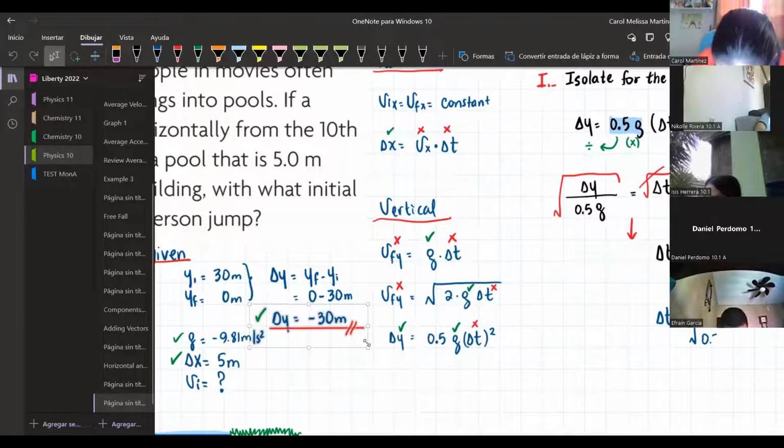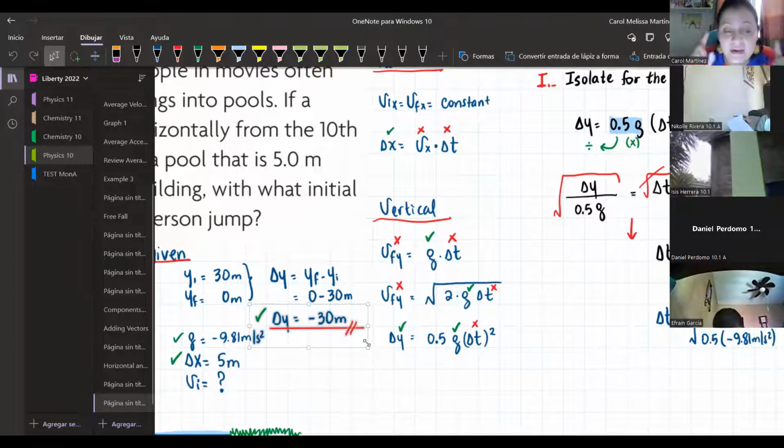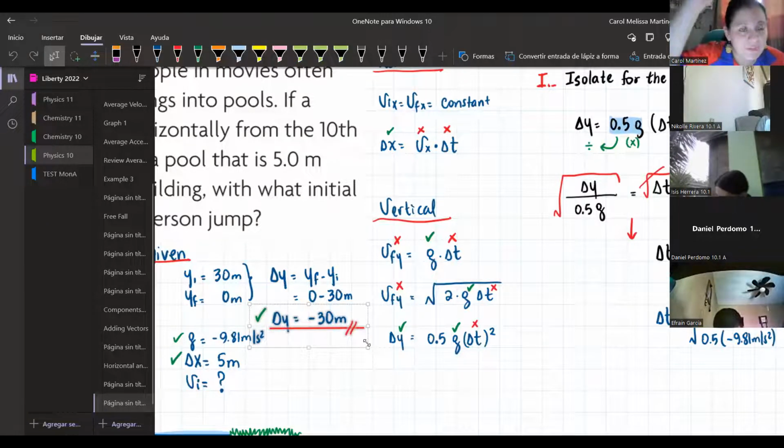Remember that gravity is negative 9.81 meters per second squared. It is important that here you don't mess up the units, and neither the signs, okay? That's why we get delta y and analyze correctly the position of the object or of the person. Final position is lower than the initial position, so delta y is negative.